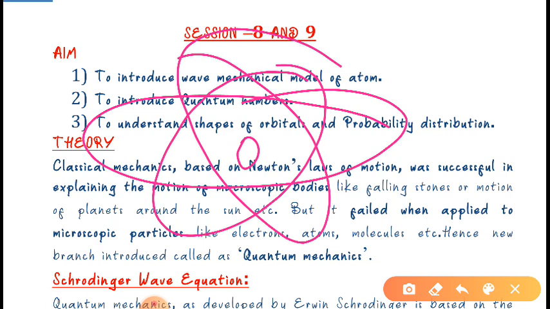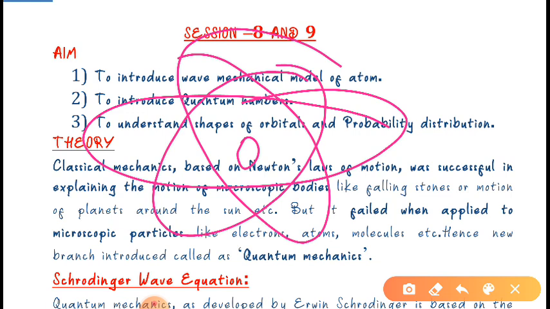So how can we describe an atomic orbital? It is nothing but a three-dimensional space around the nucleus where the probability of finding an electron is maximum. In other words, an atomic orbital represents the most probable space where the electron spends most of its time while in constant motion. So I hope you have understood what an atomic orbital is.